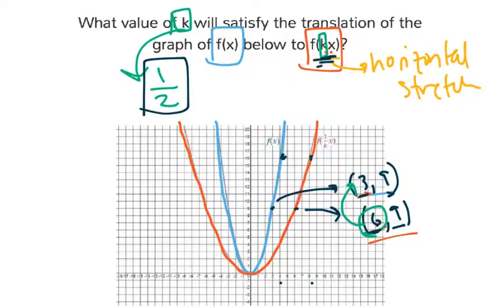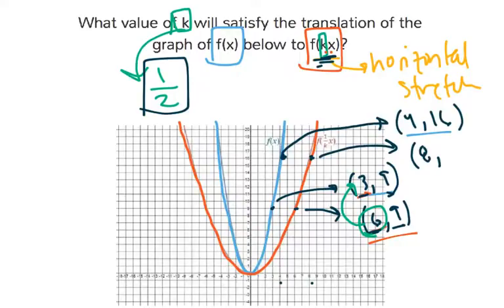So I have the points here for this part of the horizontal stretch we can compare: again (4, 16) is my original f of x function, and (8, 16) is my f of k times x. So how did I change that input?